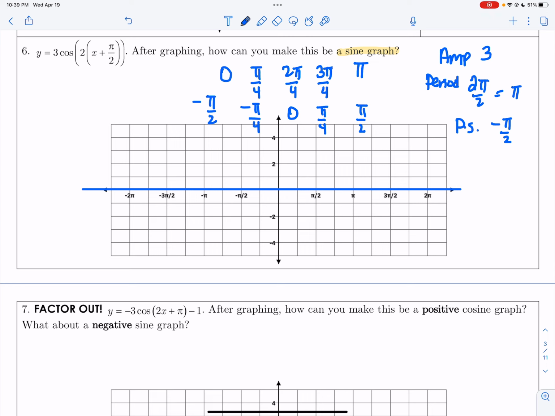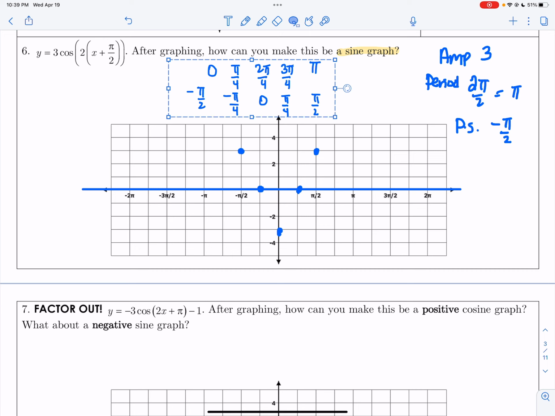And since it is a cosine function, I'm going to start high. So I'm going to go up 3. Then I'm going to go down low. Then I'm going to go to 0 and go down to -3. I'm going to go back up. And then I'm going to go back to my maximum. Once I have that, then I am just going to repeat myself.